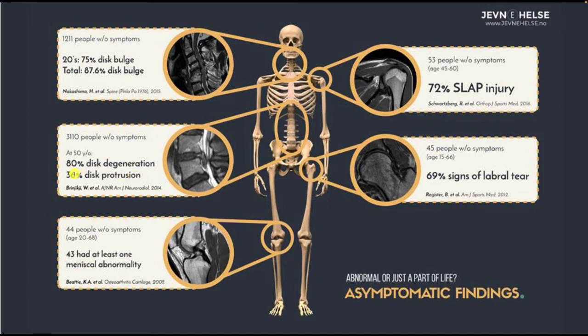But the thing to note is that 36% of the 3,110 people in this study had a disc protrusion in their lower back, yet none of them had any pain. They had no symptoms. And if you look up in the neck, 87.6% of 1,200 people showed a disc bulge in their neck, yet none of these people had any pain.